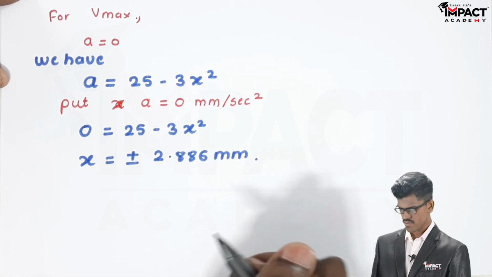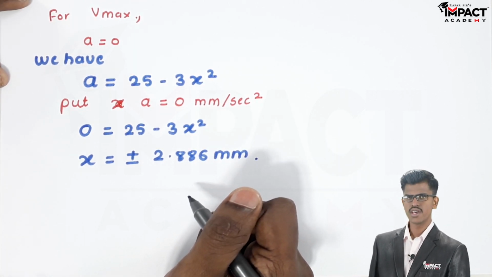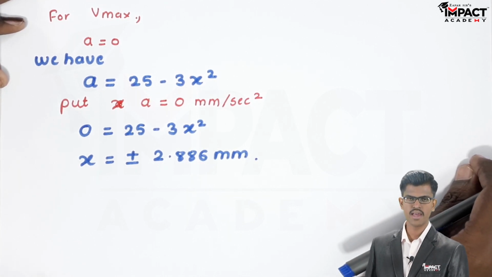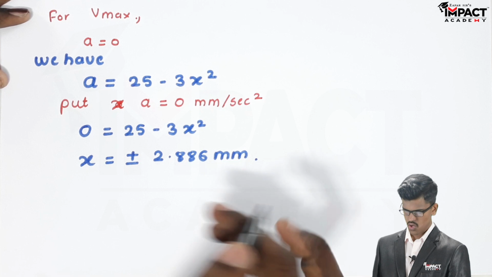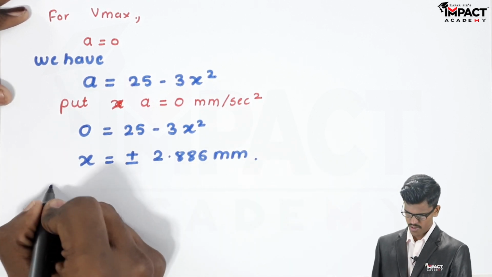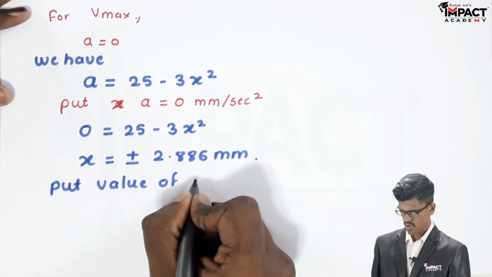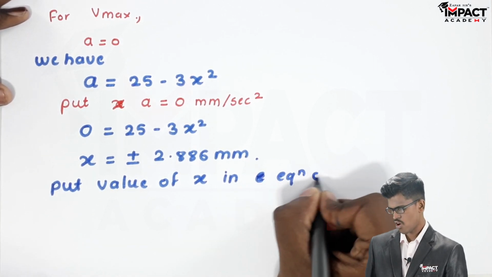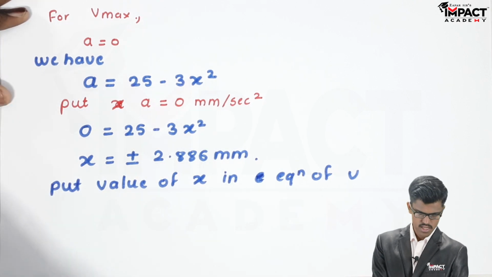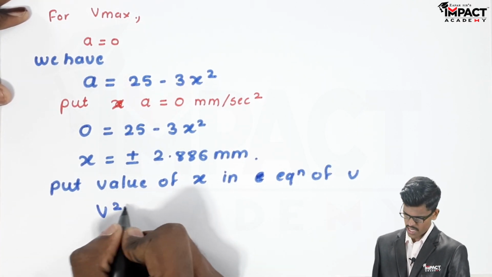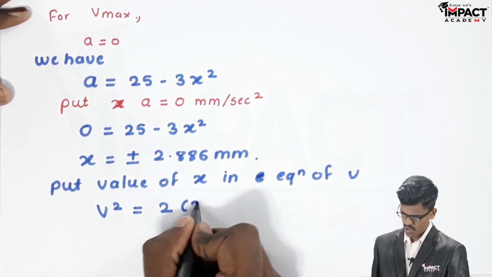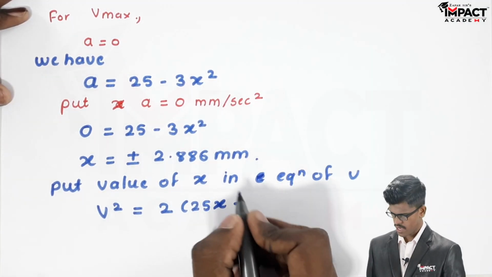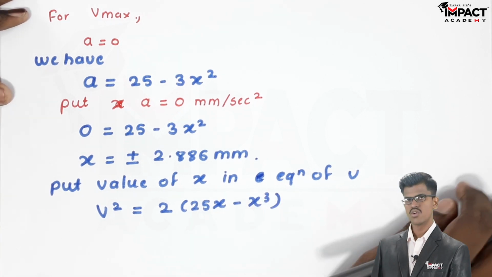Here we have to find the corresponding maximum velocity. So we simply substitute into the equation of velocity, v² = 2(25x - x³).